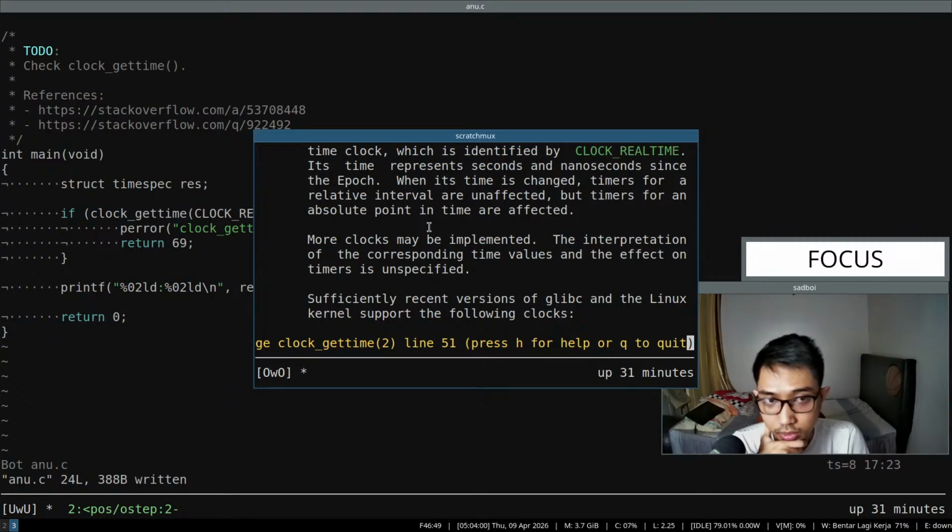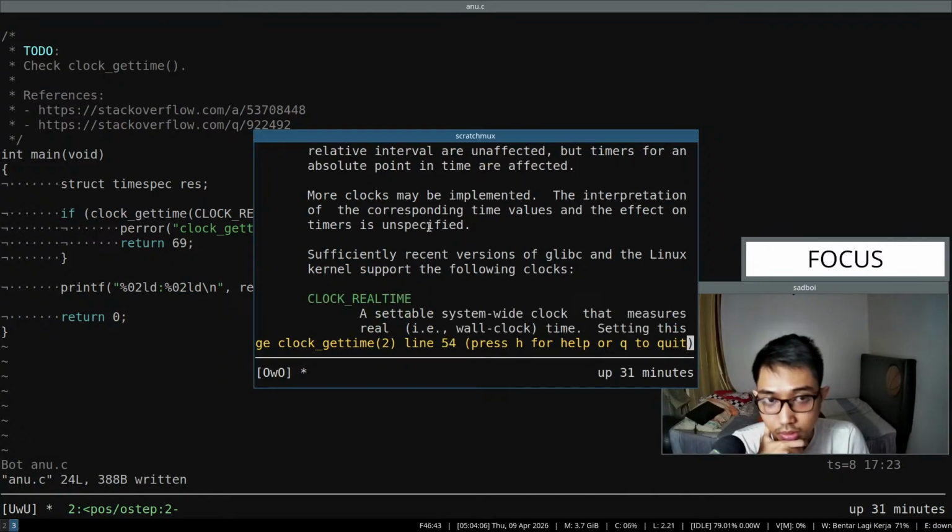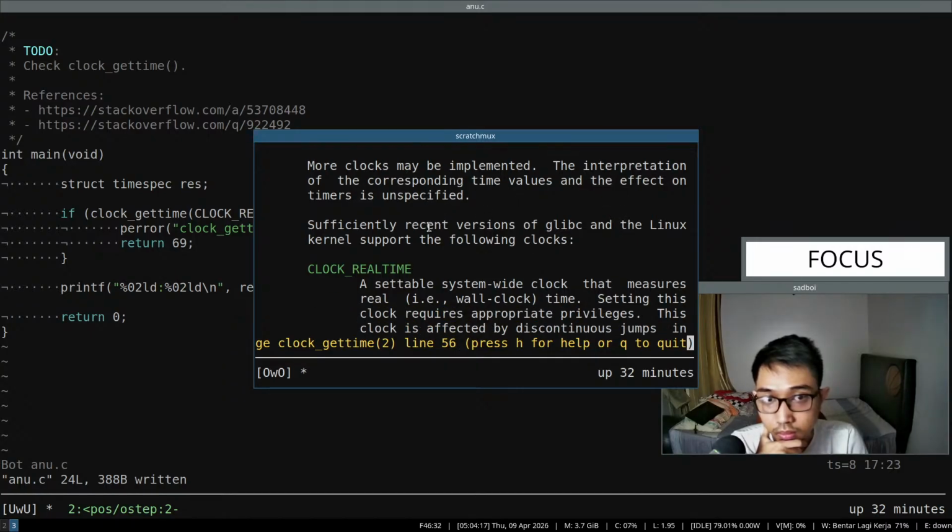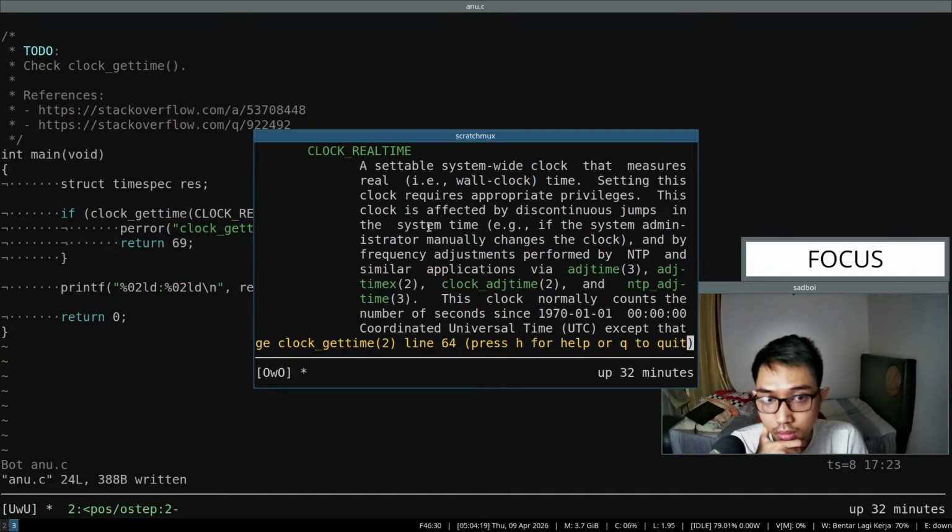Markup might be implementation... the interpretation of the corresponding time value, and the effect on timer is unspecified. Sufficiently recent version of... okay.